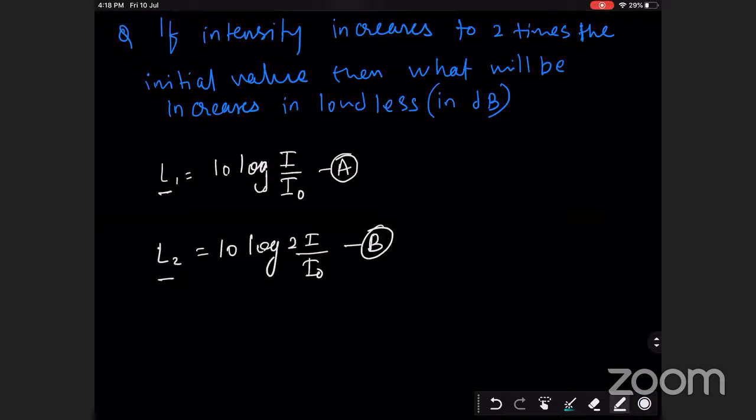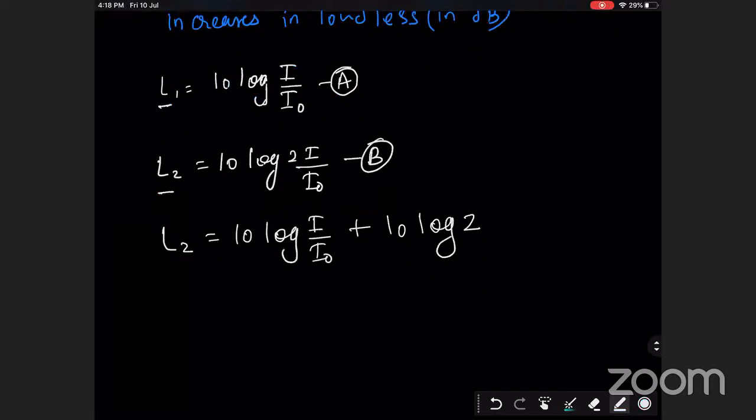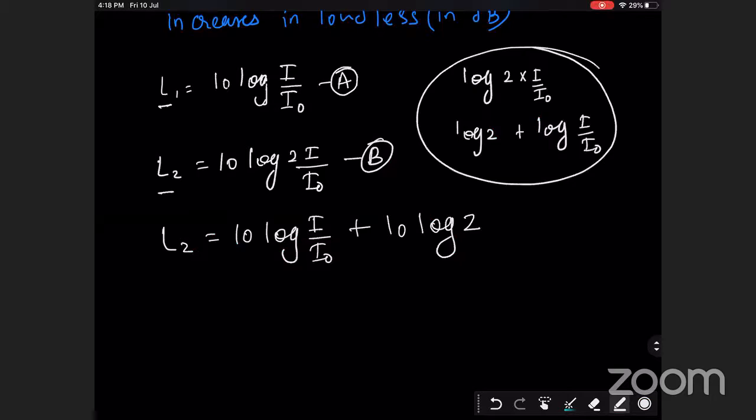Okay. Now what we can do? I can write L2 is equal to 10 log I by I naught plus I can write 10 log 2. Can I write this? I'll take 2 into I by I naught. So log A into B is equal to log A plus log B. Can I write it like this or not? Yes, sir. This is equation B.